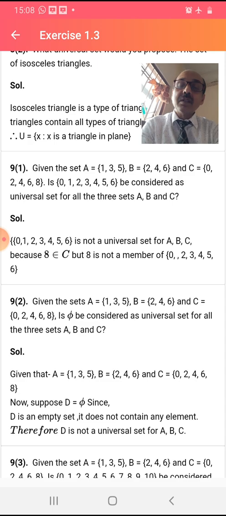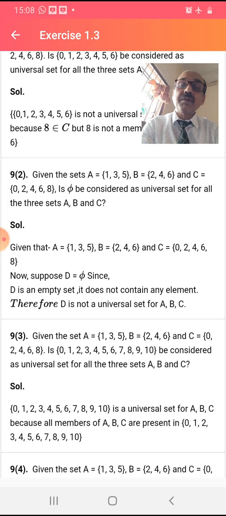So 8 is not there. 8 is not a member of 0, 1, 2, 3, 4, 5, 6. So it is not a universal set. And the next question is, can 5 be considered as a universal set for all the three sets? No, 5 means null element, empty set. No elements are there, so it is not possible. So it is not a universal set. 5 is the null set.